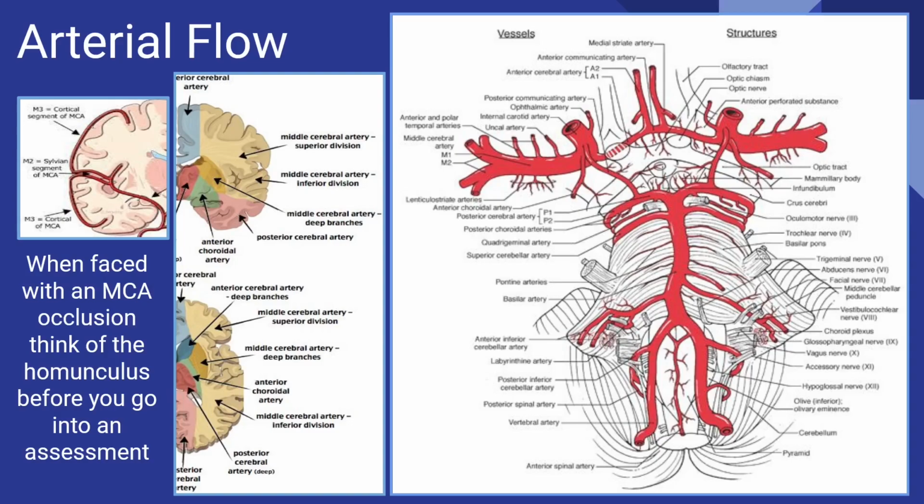Whereas if it were to happen in the MCA1 or M1 segment, you'd probably see a lot of deficits. These images just show what different arteries stem off and what they supply. So when you see those strokes coming in, if you know your brain structures, you know what's affected, and that would direct your assessment.